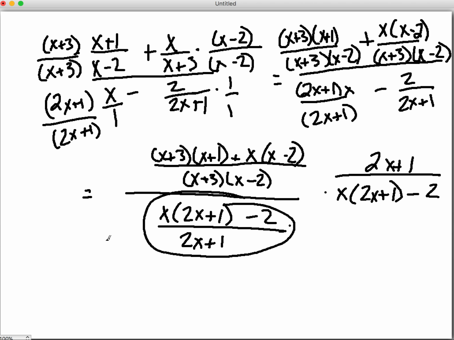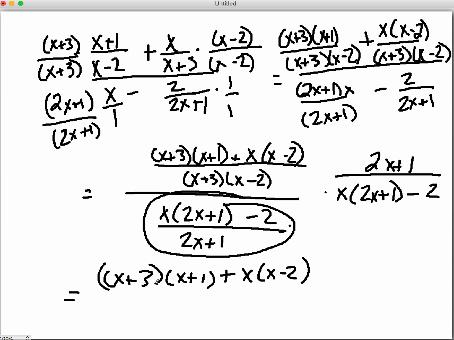So now I'm going to fully combine my two fractions. I'm going to have x plus 3 times x plus 1 plus x times x minus 2. And all of that is being multiplied by 2x plus 1.